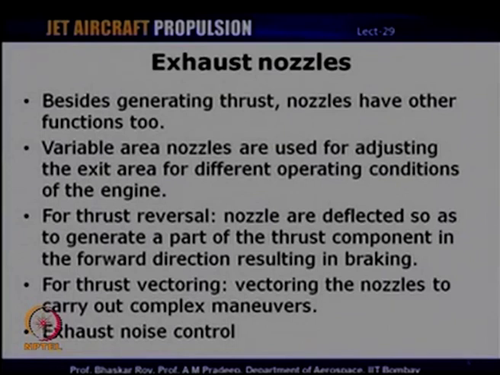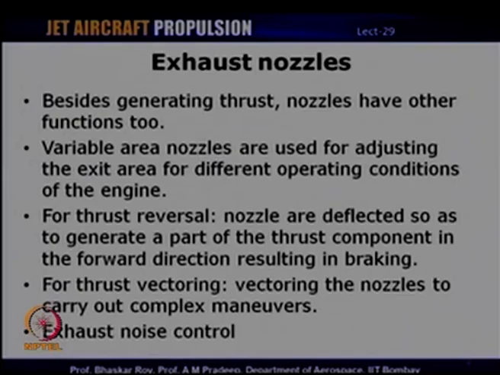Besides generating thrust itself, nozzles have several other functions. At least the modern day nozzles have several other functions, as I have mentioned. Now, the variable area nozzles, as I mentioned, are used for adjusting the exit area for different operating conditions of the engine. Then the other function of a nozzle would be thrust reversal.